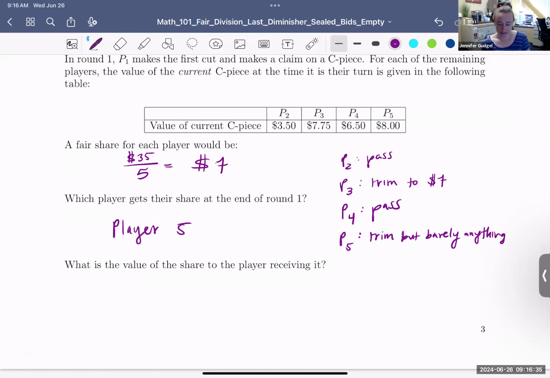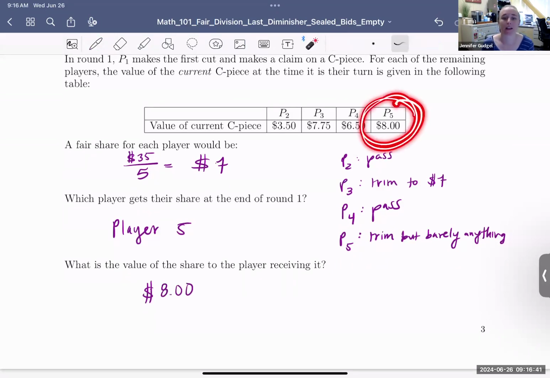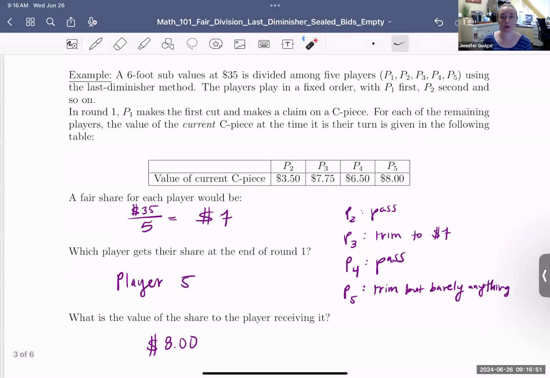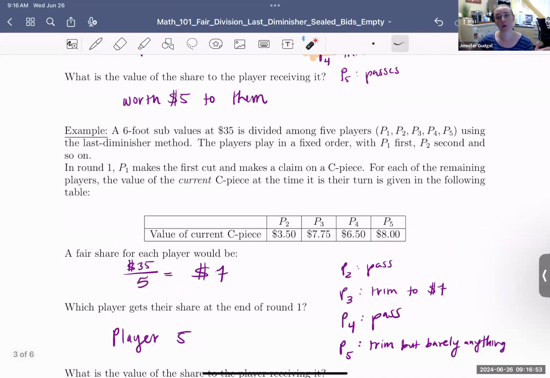It is essentially $8 worth because they barely changed anything about it, and that's how much it was worth when it got to them. So only when the last player keeps it can it possibly be worth more than a fair share. You'll see in our last example, it was worth a fair share because someone in the middle had to trim down to a fair share and then everyone else passed.